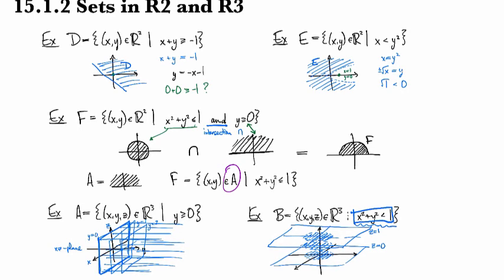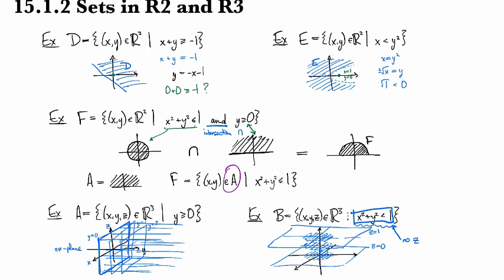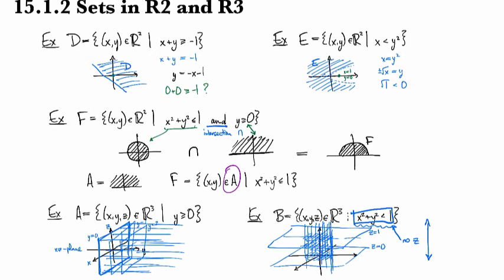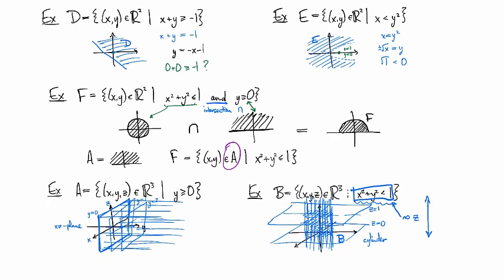In other words, and maybe take a note of this, the absence of z in that condition means that it's unconstrained in the z direction. So all of these points all the way up and down are going to be included in my set. So B here is an infinite cylinder. It goes up and down forever, and it's open, so it doesn't contain its boundary because of that strict inequality.